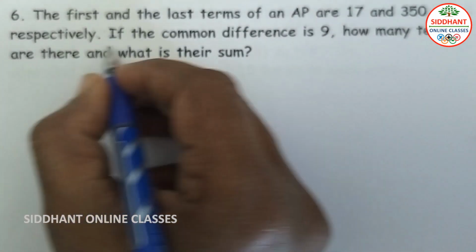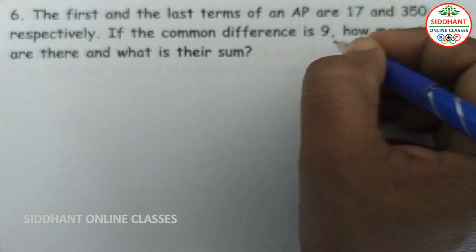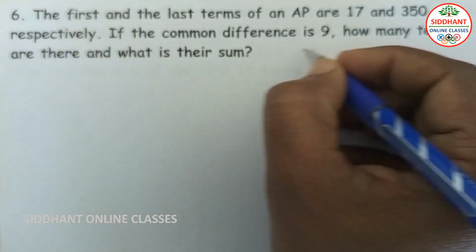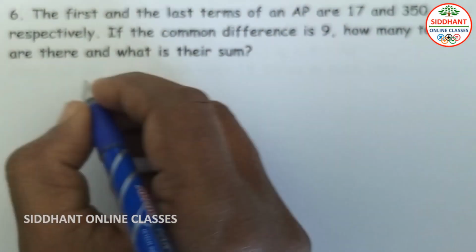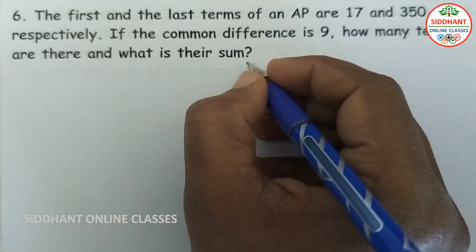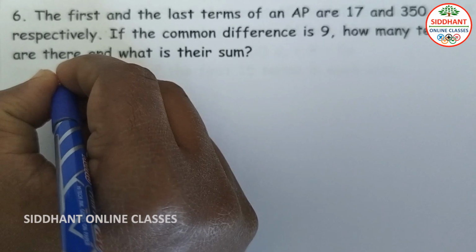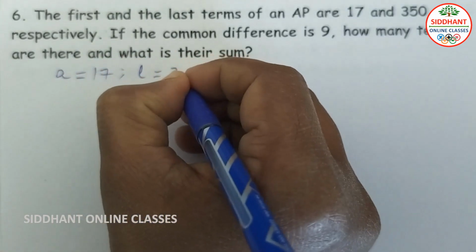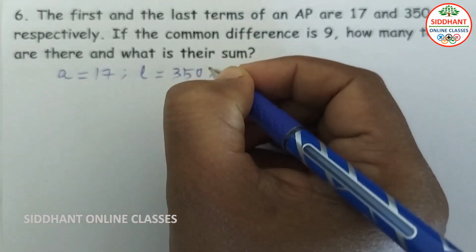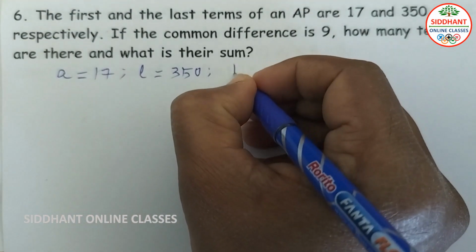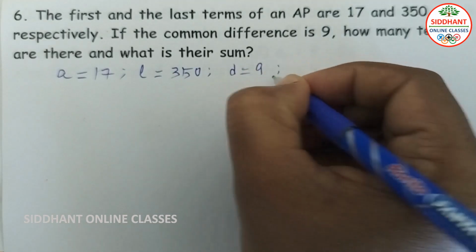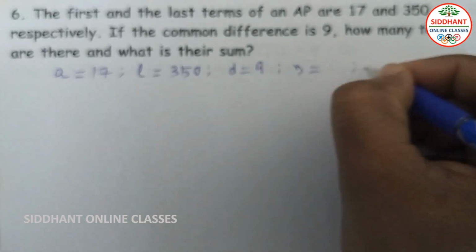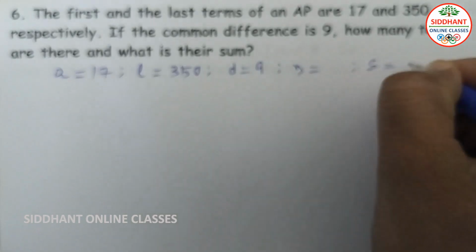Question number 6. The first and last terms of an AP, arithmetic progression, are 17 and 350 respectively. If the common difference is 9, how many terms are there and what is the sum? Given data: a = 17, l = 350, and common difference d = 9, and we are going to find n and also the sum.